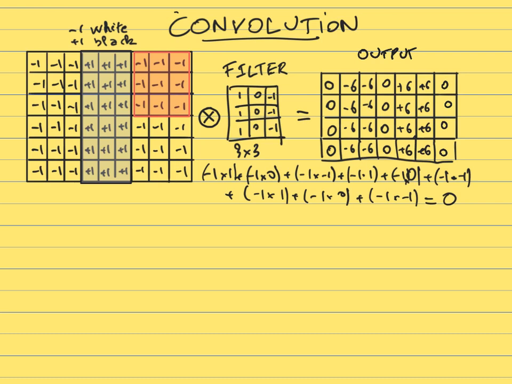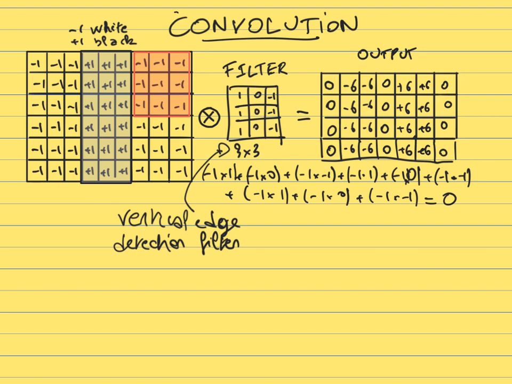So in this case, let's try to understand what this filter is doing. This filter is called a vertical edge detection filter. And the reason it is called this is that this filter is actually detecting edges within your pictures.